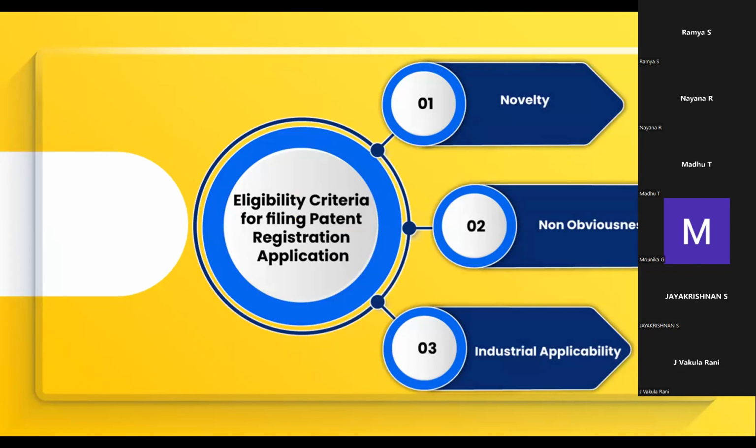So for filing a patent, you need to have eligibility. What does eligibility mean? Your idea should have novelty. Novelty means the idea should not have existed before, should not have been registered before. Such novelty you should ensure. Just by changing something in a process, by small improvements, you cannot get any patent.